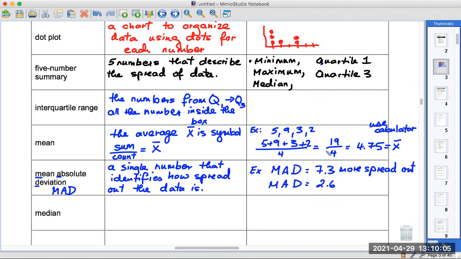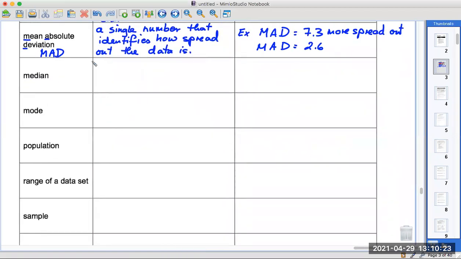But somebody else might have good and bad days and they get A's on one day, and then the next day they're really having a hard time and they get a very low score. Those are going to have higher MAD scores because your numbers are more spread out. Okay. So again, we're going to learn how to compute that score in class.